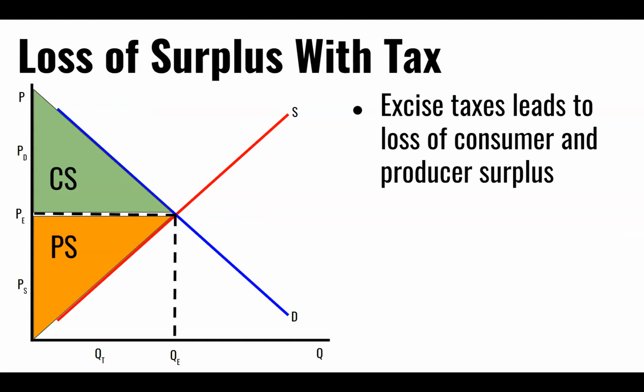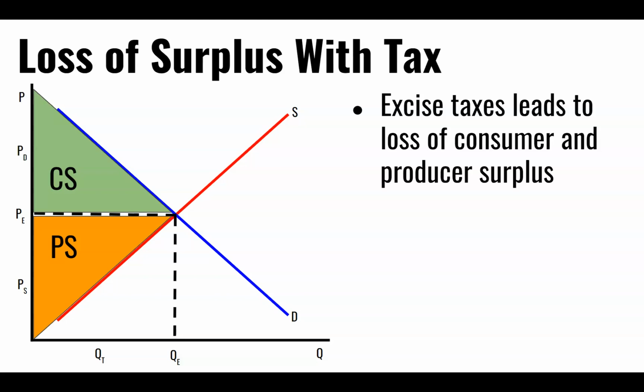So before the tax, we were at the allocatively efficient point where the supply and demand curves intersect. And we had consumer surplus, the area above the price but below demand. And we had producer surplus, the area below the price and above supply. Together that adds to total surplus. We get the most total surplus when we're at allocative efficiency.